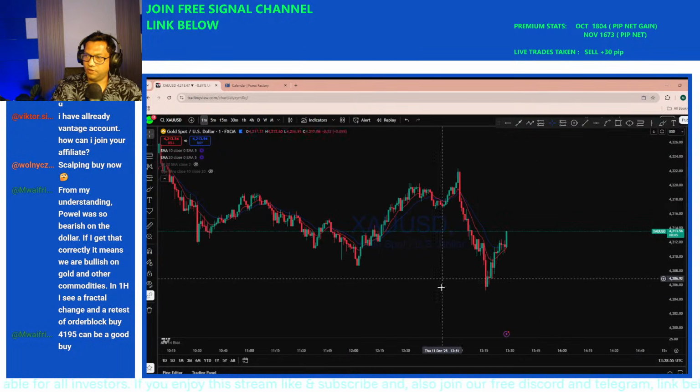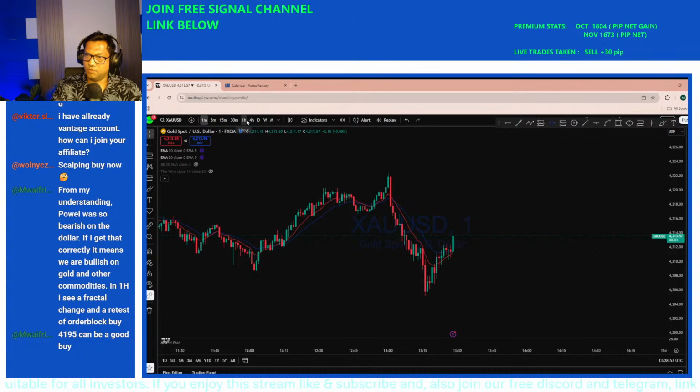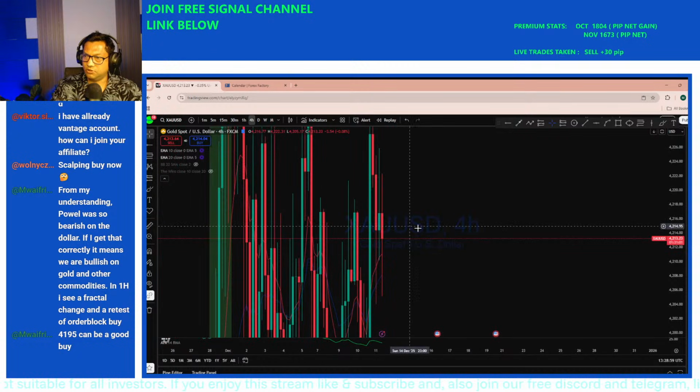So this is a very unusual price action that you can see here.